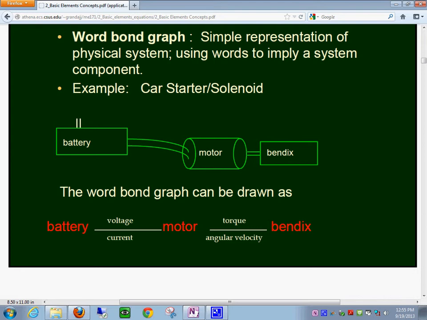Or you could say, if the word bond graph is not familiar, replace bond with connection graph maybe, or junction graph. I mean, this is a more descriptive description of this. So the motor and the Bendix communicate with each other with a torque and an angular velocity.